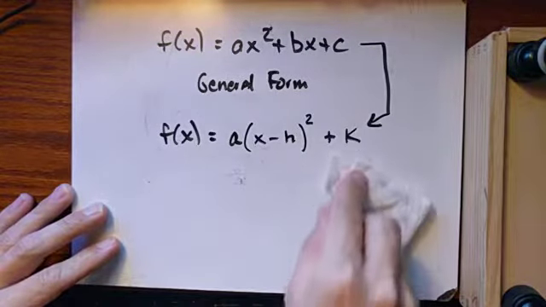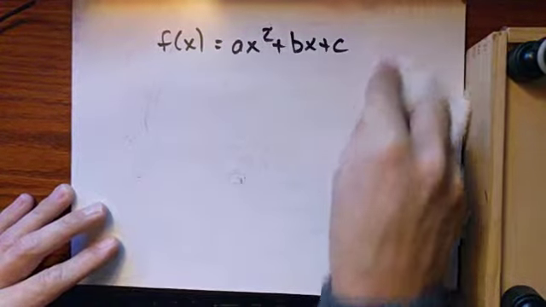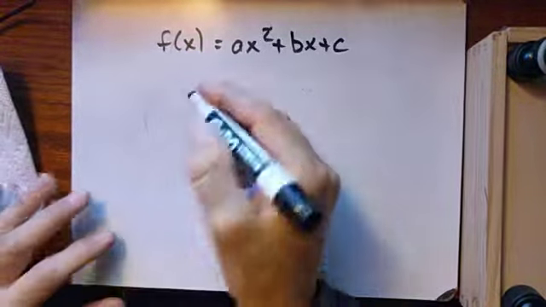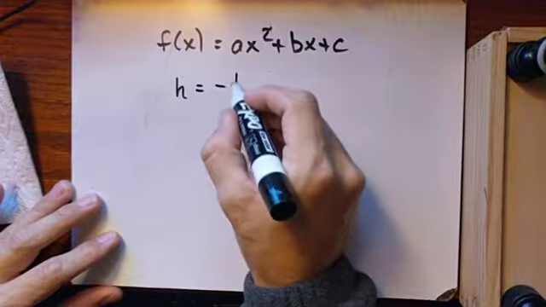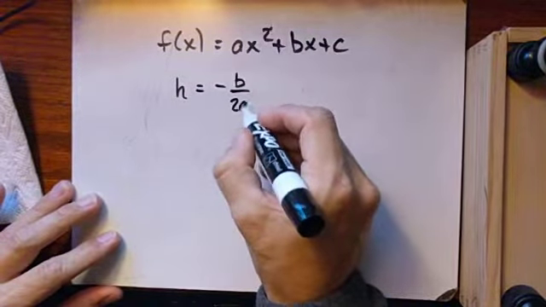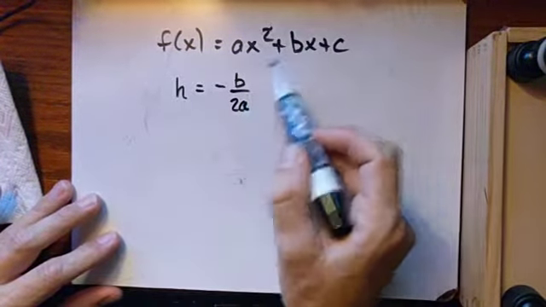So in this top form, the vertex is still h and k, but h is negative b over 2a. You might remember that from earlier math. The opposite of b over 2a.